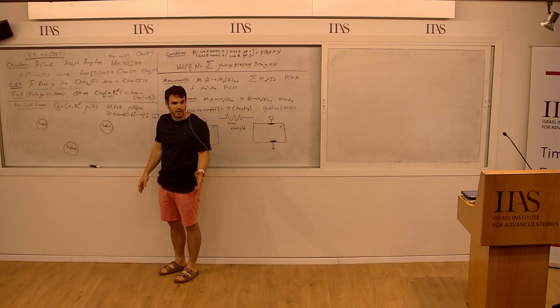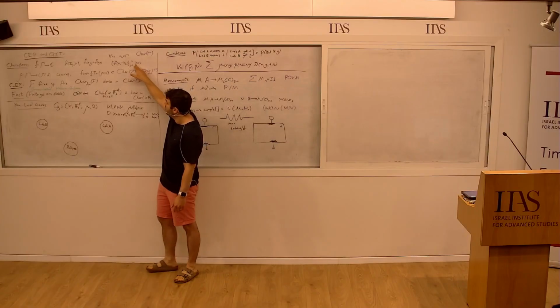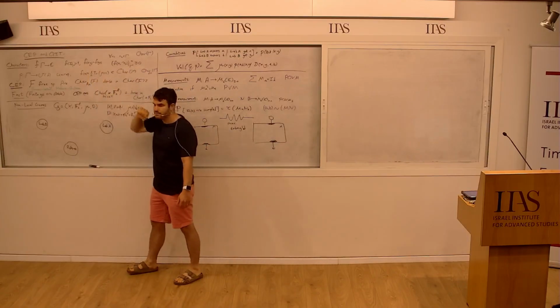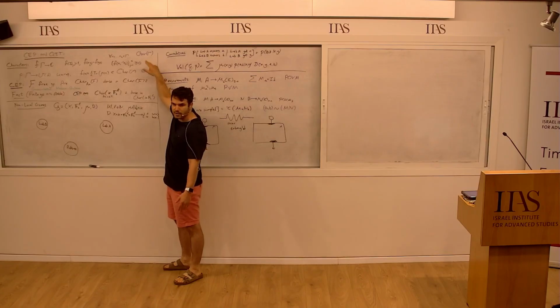It will give you an n by n matrix. And if this is a positive semi-definite matrix, we call this function f a character. And we denote the collection of all characters of gamma by char gamma.